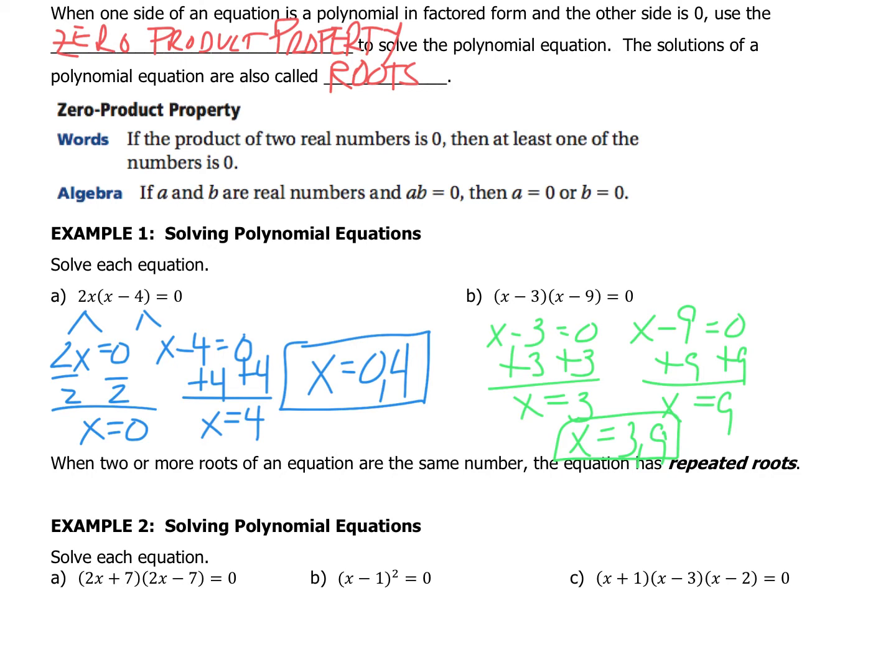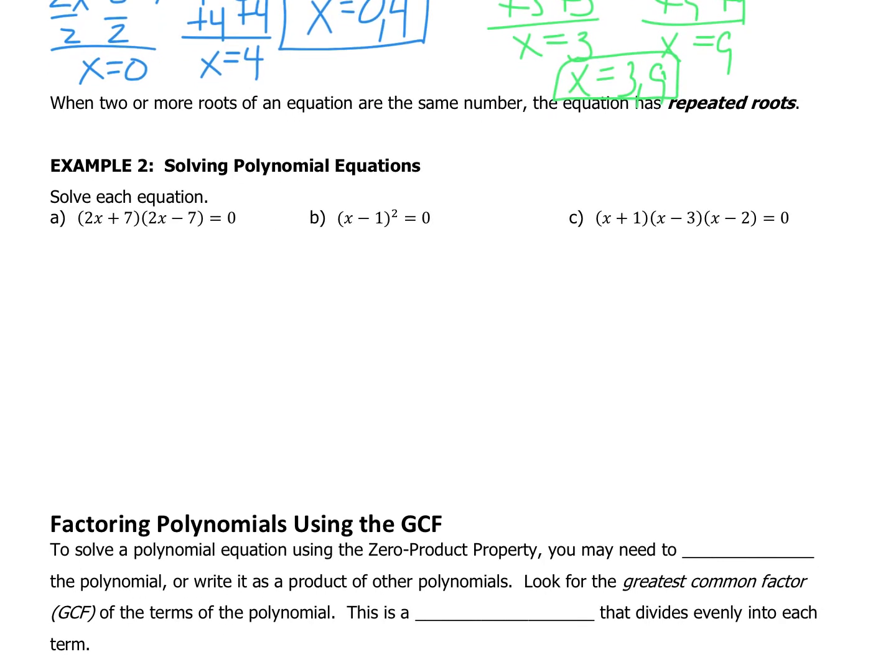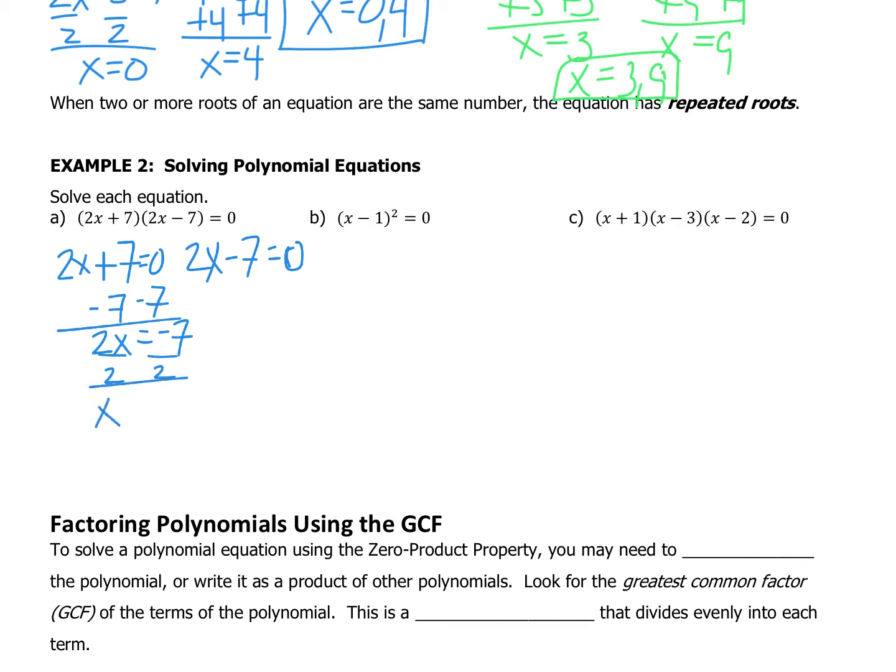When two or more roots of an equation are the same number, we call those repeated roots, which kind of makes some sense. You're repeating the same number. And here's a couple of examples where you would see that happening. For the first one, if I said 2x plus 7 and 2x minus 7, if I make those both equal 0 and solve, notice we're not going to get the same answer, and it's important that you notice that there are two answers here.